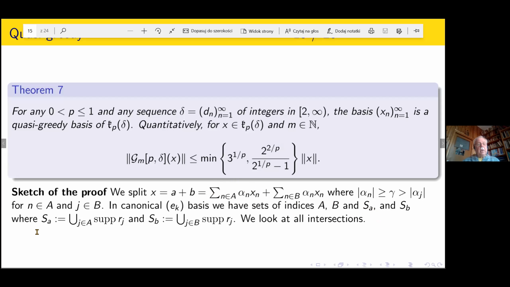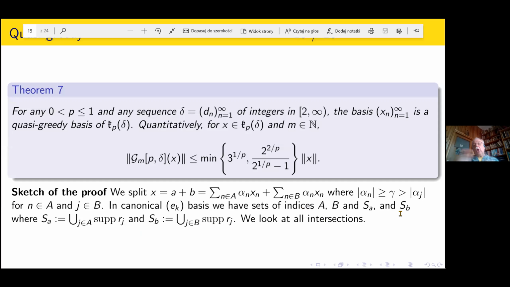Formally, SA equals a union of supports of this Rj, where, remember, xj equals the unit vector with j plus this remainder, which has the smaller coefficients. And then the set B is the same. And then we look at the intersection of all those. We have four sets. Those two are disjoint, and so those two are also disjoint, so those intersections are somehow a little less than you can expect.